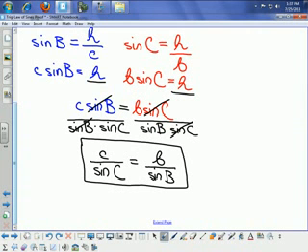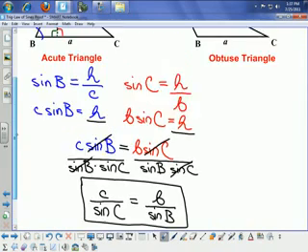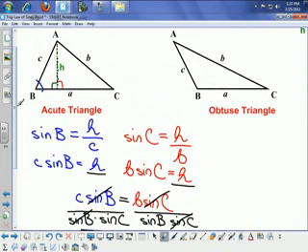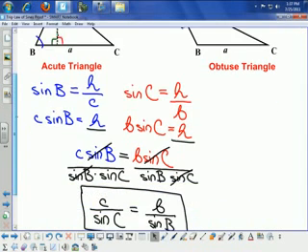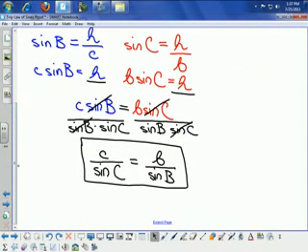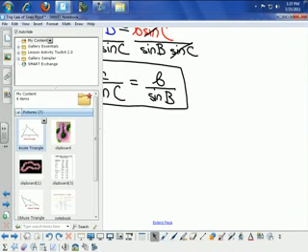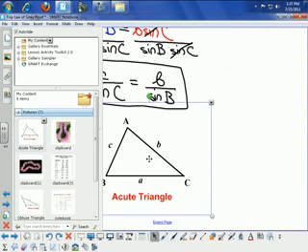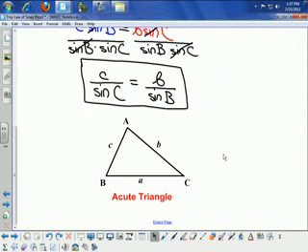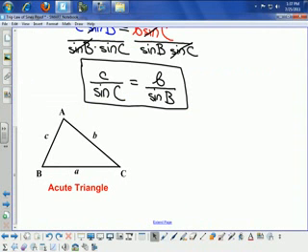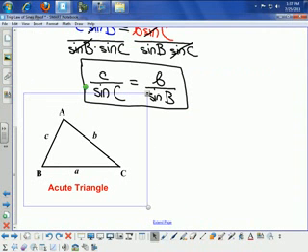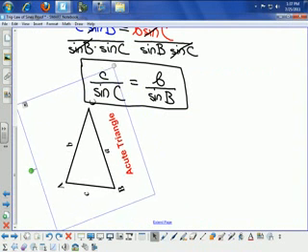Now, to get the third angle, I would need to rotate this triangle. And I'm going to go ahead and do that for this proof. Let me extend the page and redraw the triangle. That was quick. Just to make it look similar, I'm going to rotate this triangle on its side.